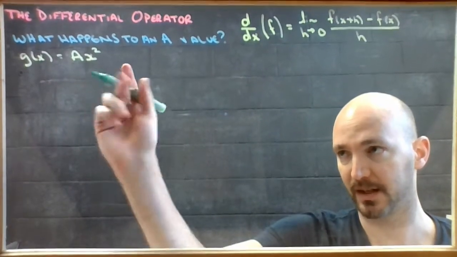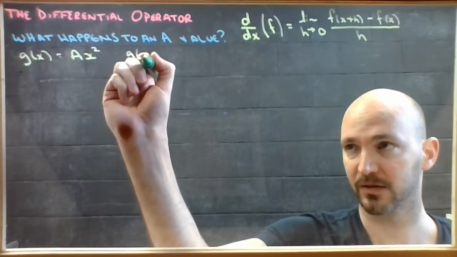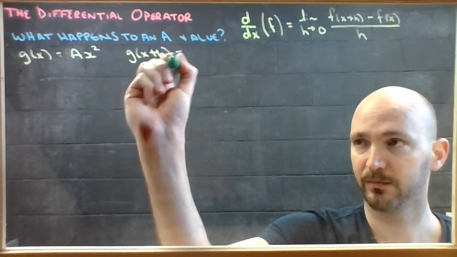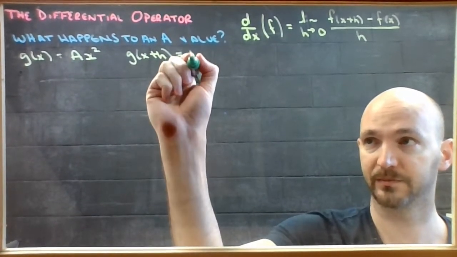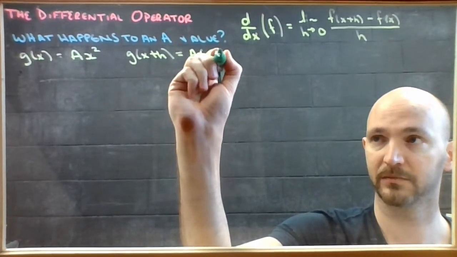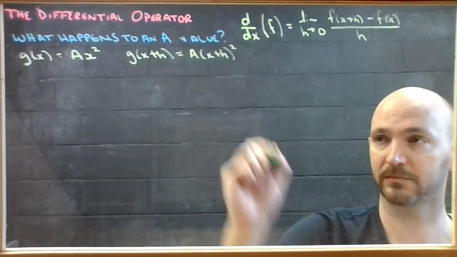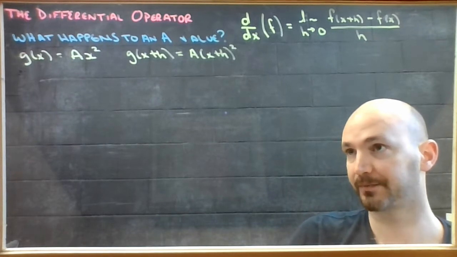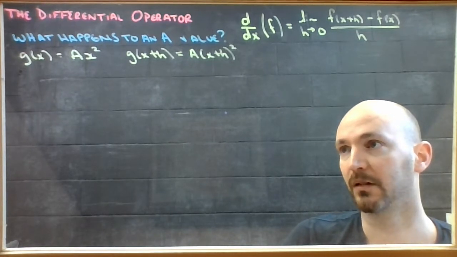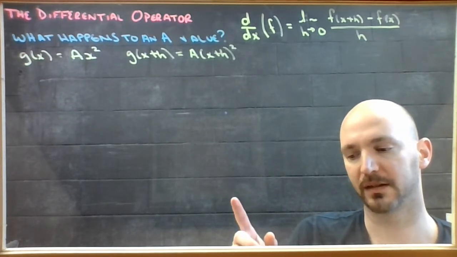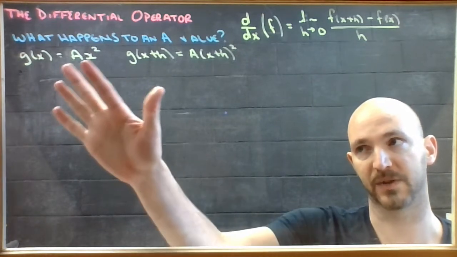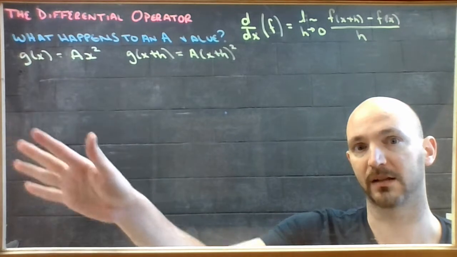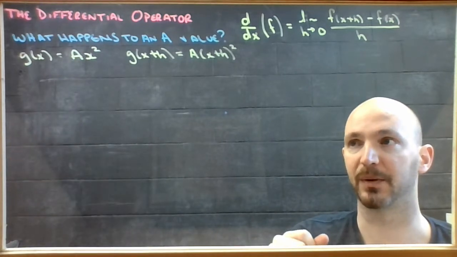So I'm going to write this again, g of x plus h. And I'm just replacing this with an x plus h. Alright. So in the last example I had a quarter x squared. This one I'm just leaving undefined to see what happens to it as I go through.